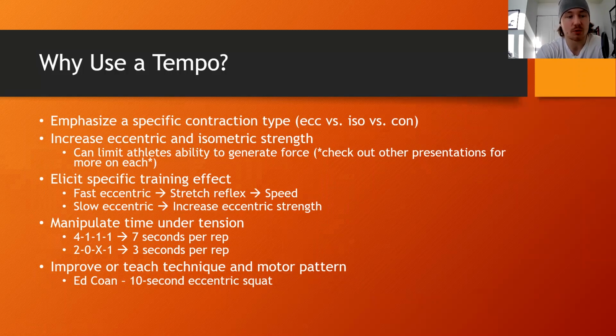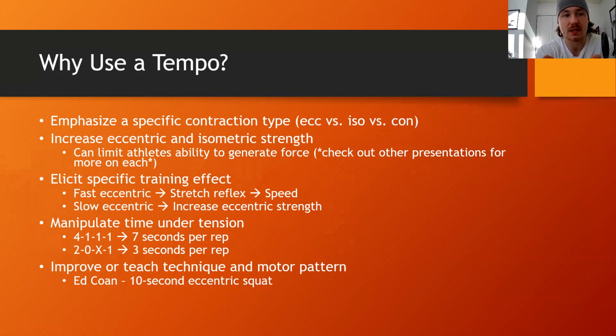By using a tempo, you're able to elicit specific training effects. Let's say if you're using a fast eccentric, you might include the stretch reflex, which is more geared towards speed work. For example, dynamic effort squats, where you're using overspeed eccentrics and elastic bands. You don't want to perform the eccentric slowly, because you want to elicit a strong stretch reflex to concentrically produce as much force as you can.